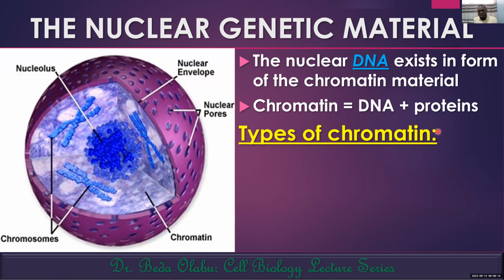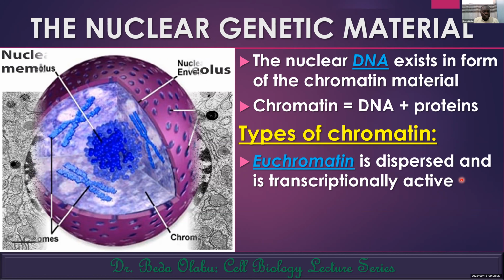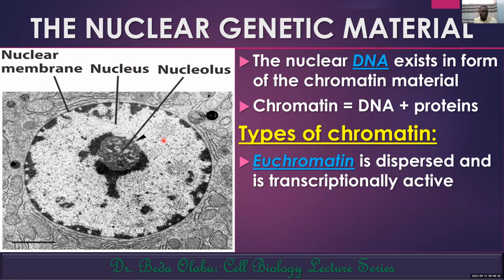There are two types of chromatin materials. There's one that is relatively dispersed. And because it is relatively dispersed, it is transcriptionally active. We call that the euchromatin. So you'll find euchromatin in cells which are actively involved in transcription.